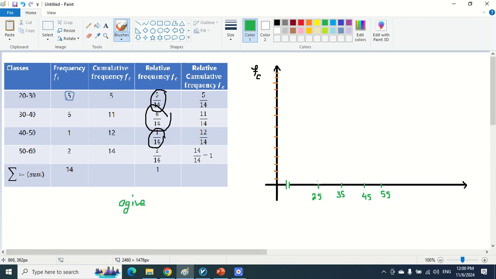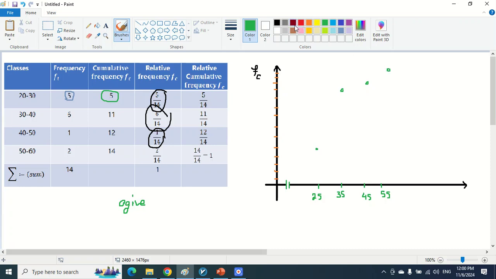So for instance, over here at 25, which is the class mark of the first class, the cumulative frequency is 5. So 1, 2, 3, 4, 5. I just noted it over here. The next one is 11, means that 6, 7, 8, 9, 10, 11. This will be the second one. The third one is 12, one more here, and the last one is 14, which is here.